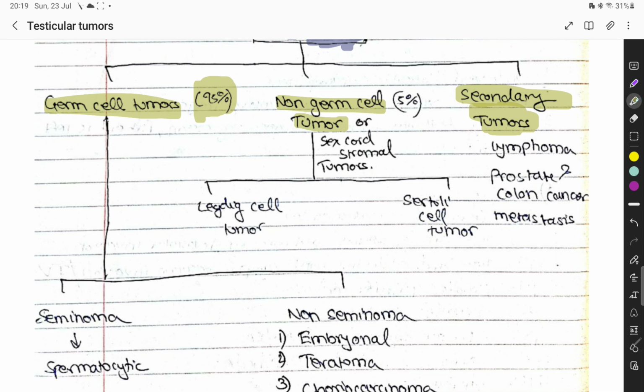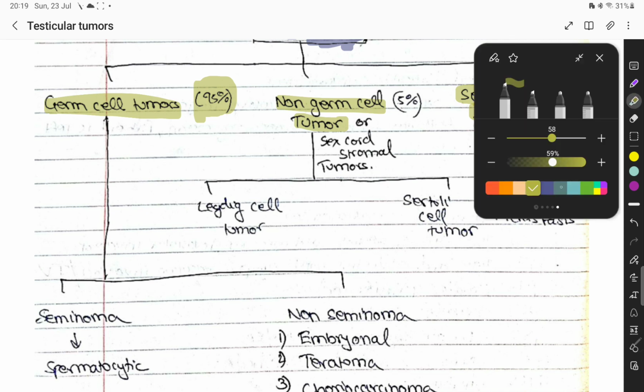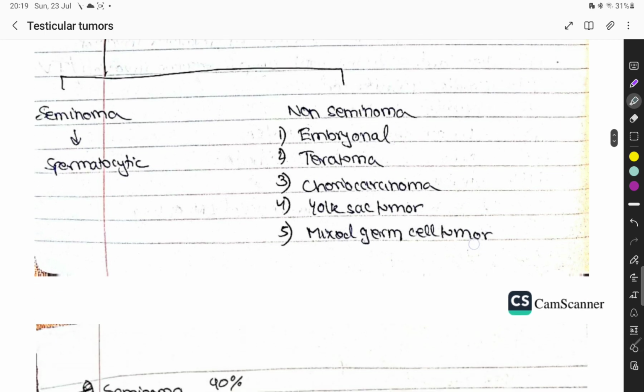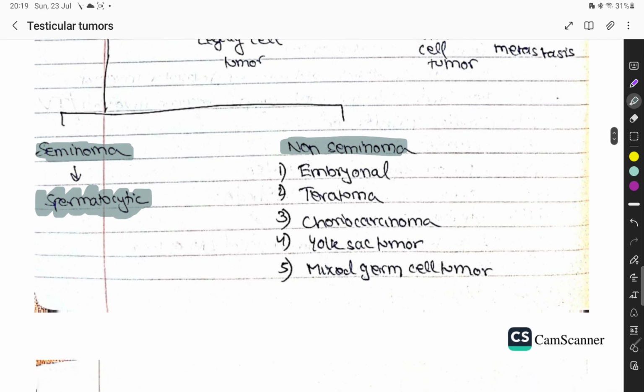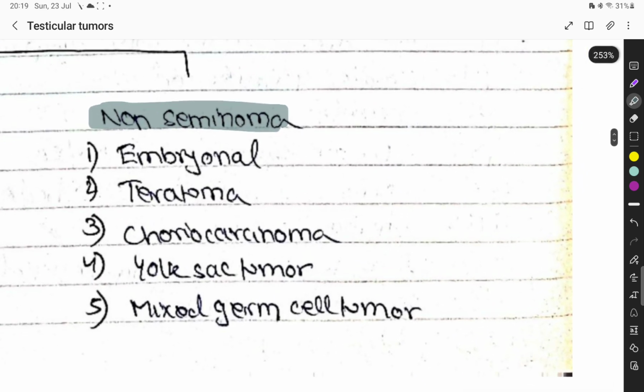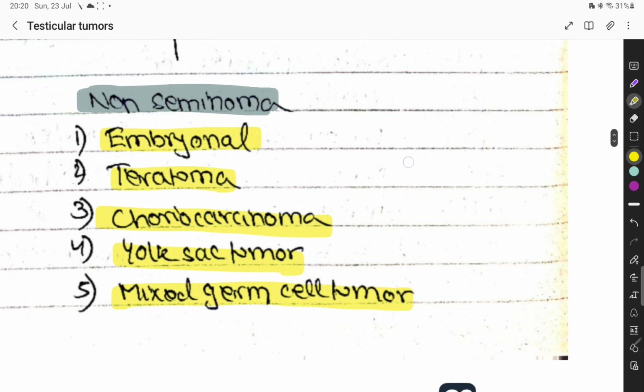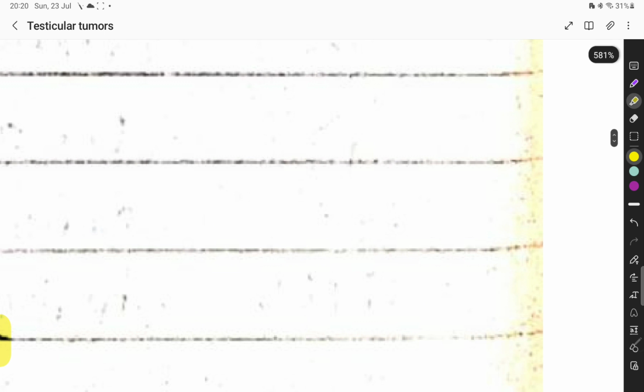Then let's go to germ cell tumors. Germ cell tumors are mainly seminomas and non-seminomas. You can say spermatocytic is a type of seminoma, but I would say don't say it. Just mention it, I guess. Then you have embryonal carcinoma, teratoma, choriocarcinoma, yolk sac tumor, and mixed germ cell tumor. They all come under non-seminomas.